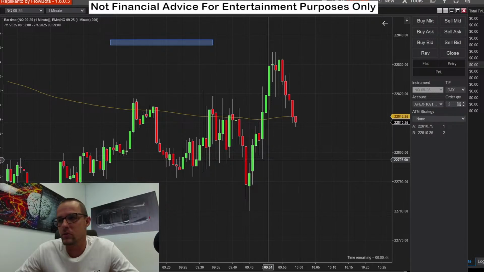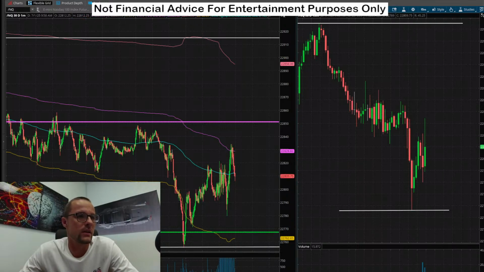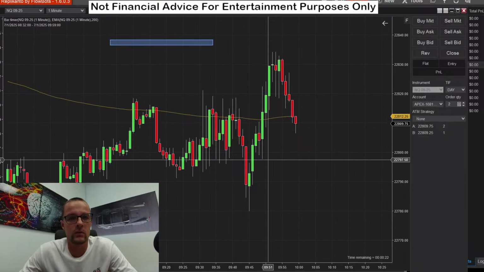All right, so we're rejecting off VWAP. Can't really see it, but there's the VWAP. I gotta turn those indicators on for next time. But yeah, we're rejecting off VWAP and we're coming down.